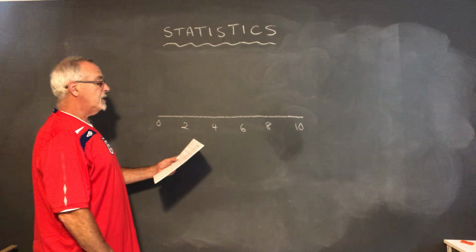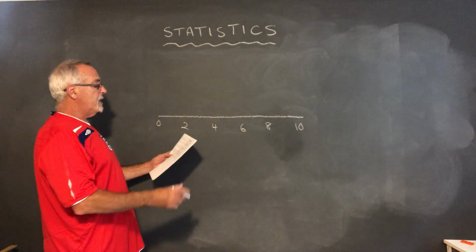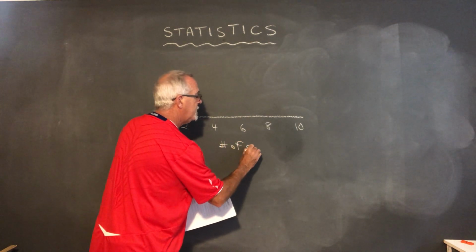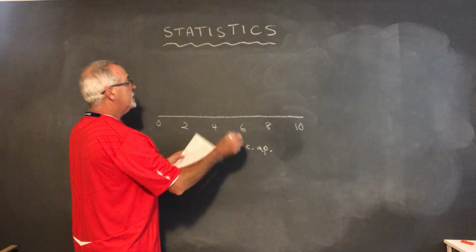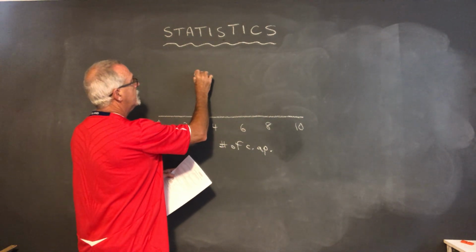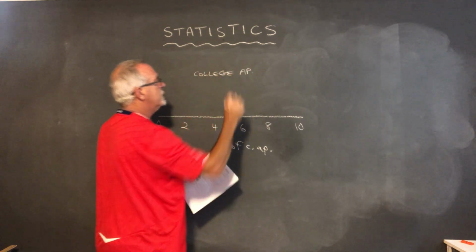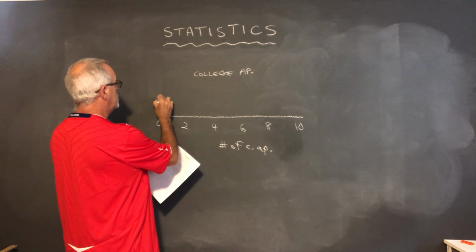This is number of college applications amongst senior students. But I'll just say number of college apps because I don't want to draw a long label, and I'll add my title. Now to draw the box plot, my min is at 0.